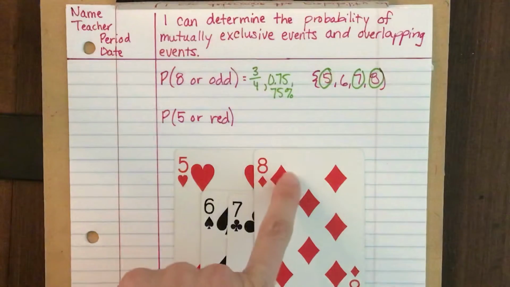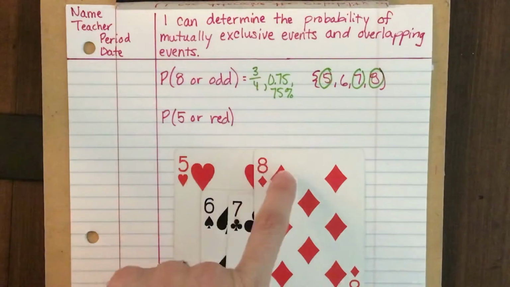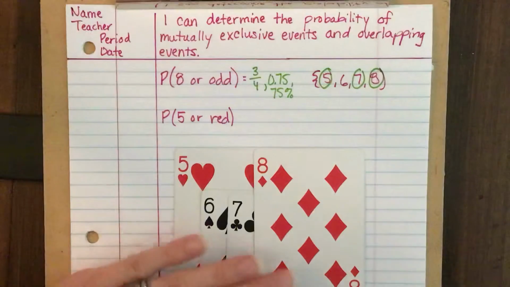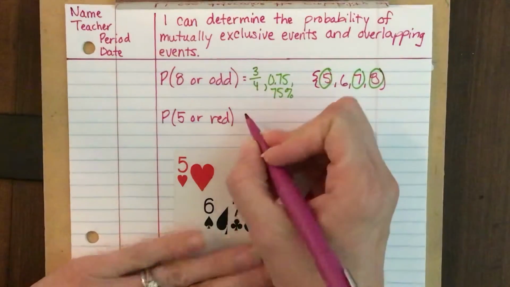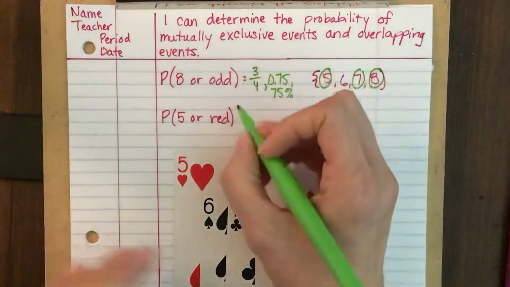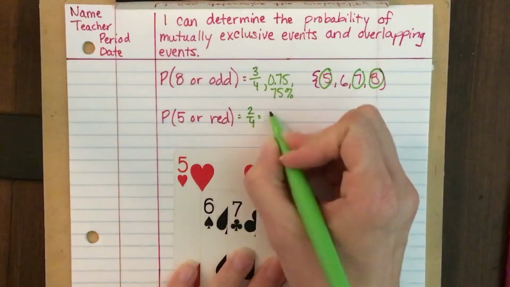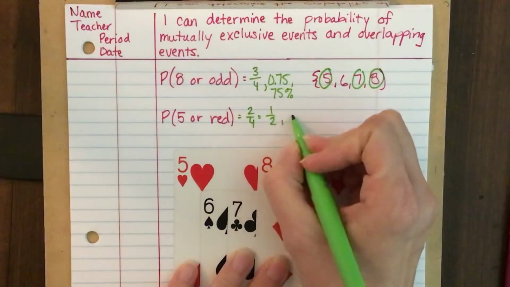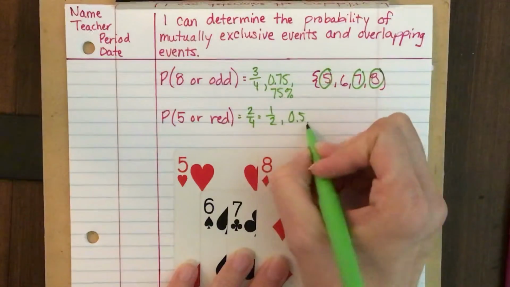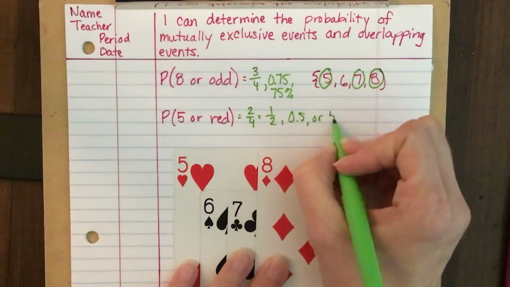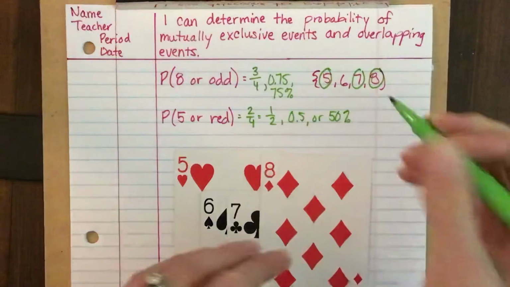The probability of the card being a 5 or being red is 2 out of 4. And if we reduce that, it's 1/2, 0.5, or we could say 50%.